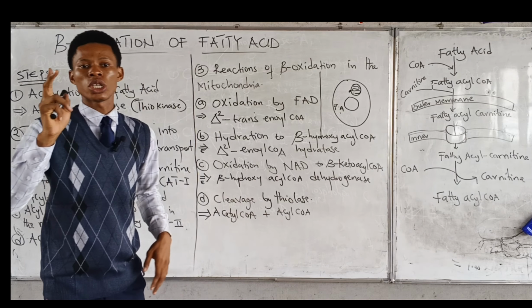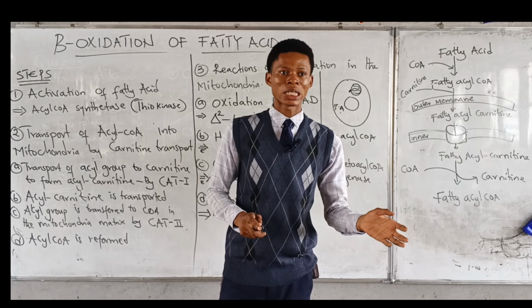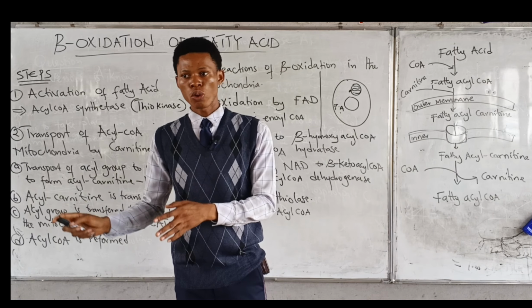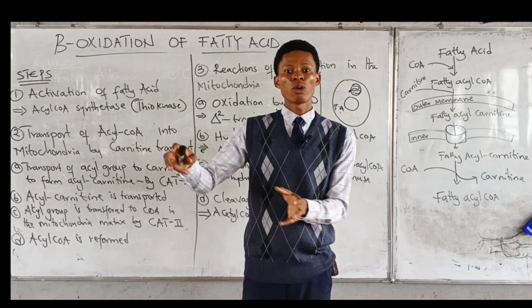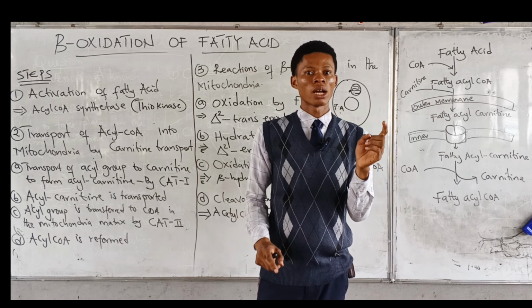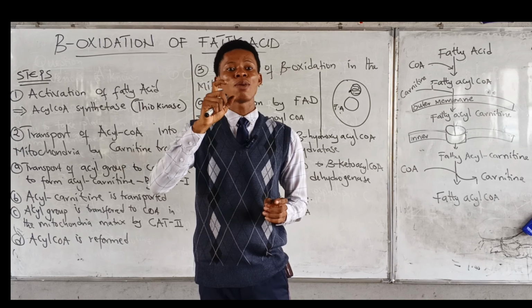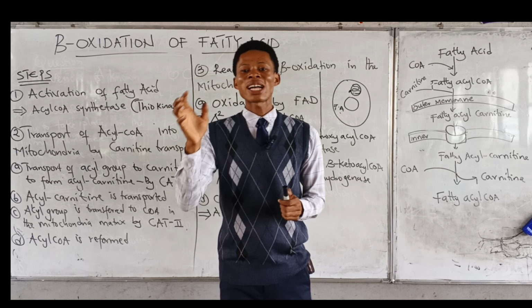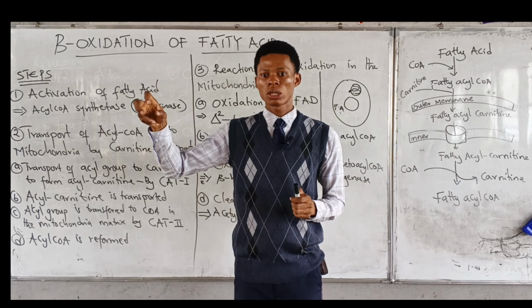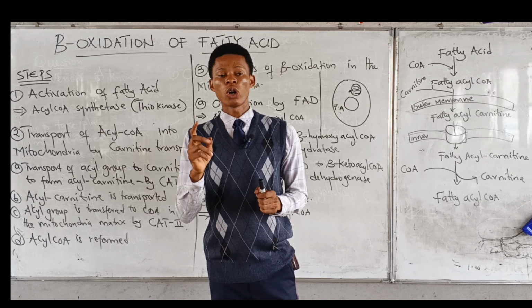So we've said two things here. In beta oxidation, the first step is activation of fatty acid to what? Fatty acid-CoA. Now we want to transport the fatty acid-CoA from the cytosol into the mitochondria. But we said there is a problem. The walls of the mitochondrial matrix are impermeable to fatty acid-CoA. So the fatty acid group attaches to what? Carnitine, through carnitine acyltransferase 1, to form what?